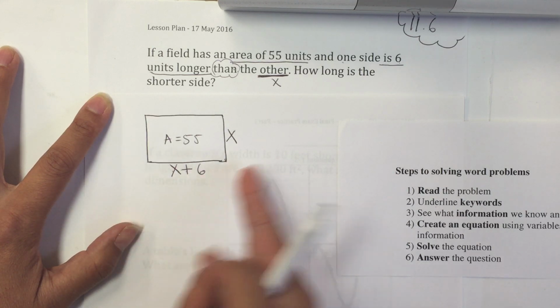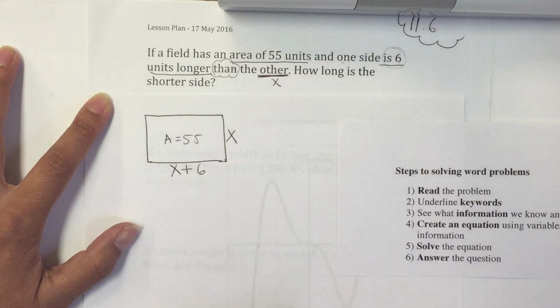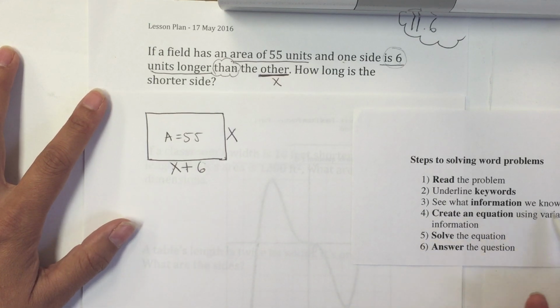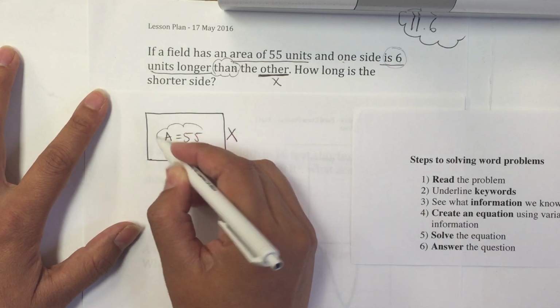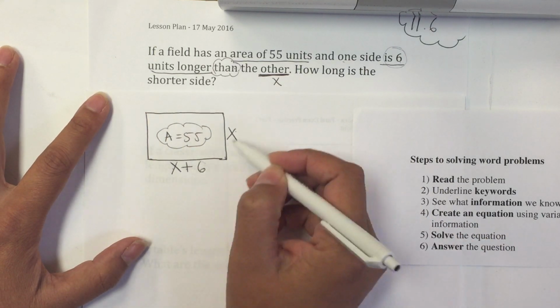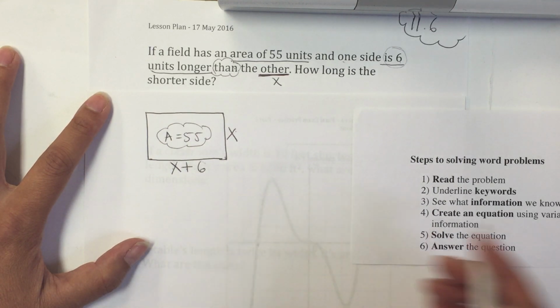It switches the order. The 6 comes here first, but then in here we put it at the end. Now what information do we know? We know the area, and we don't know how long each of the sides are, but we know that they're expressions.